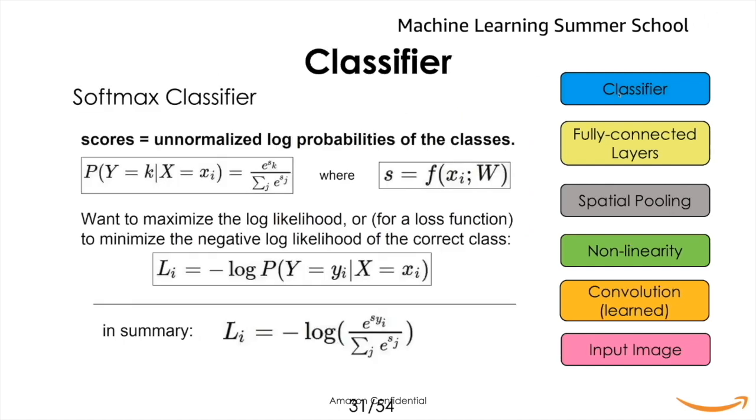Finally, we come to the classifier. So in our case, we are using the softmax function as our classifier. So what is a softmax function? Softmax function takes an n-dimensional vector of real numbers and transforms it into a vector of real numbers in the range of 0 to 1, which add up to 1.